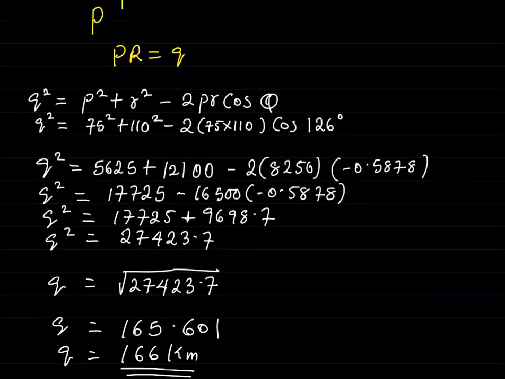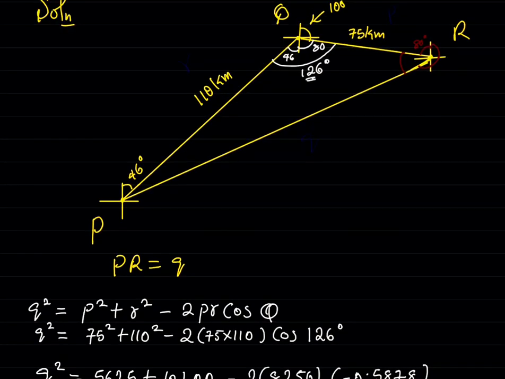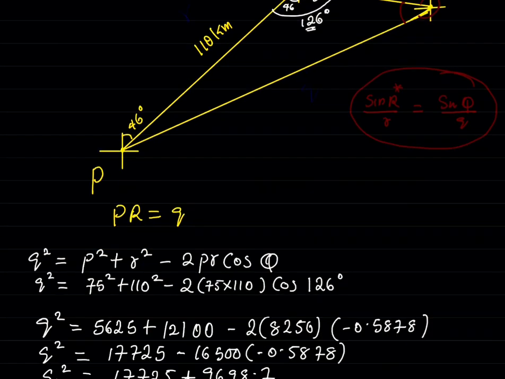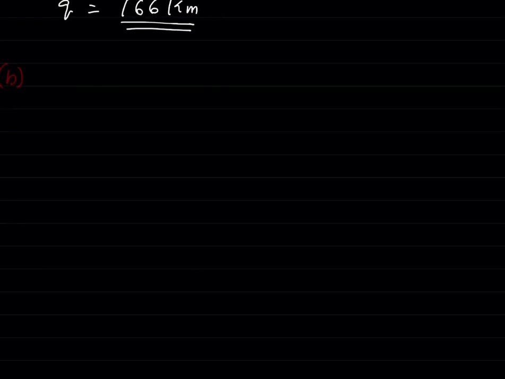Now, since we are actually looking for this angle R, we can conveniently use sine rule, where in this case we are going to have sine R all over small r is going to be sine Q all over Q. Now I decide to use this because we have every other parameter apart from this R. So we move. All right. So therefore, I'm gonna come here.